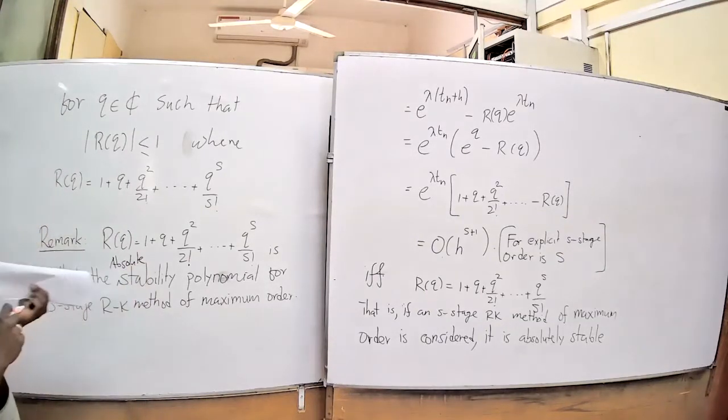So you have a simple form for the absolute stability polynomial.